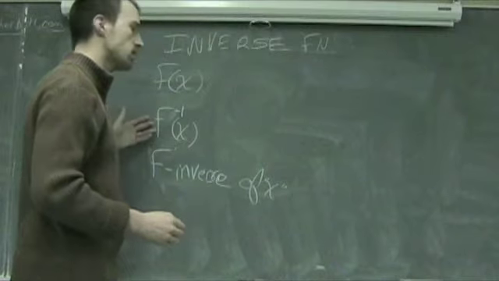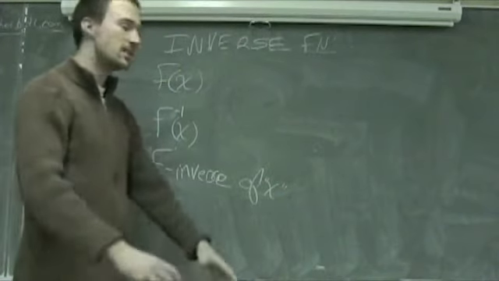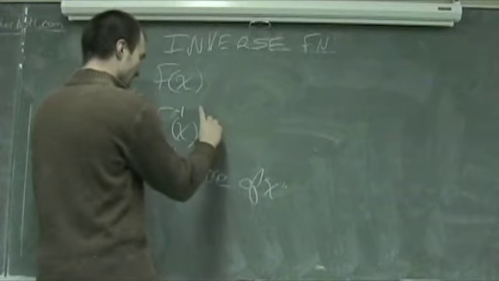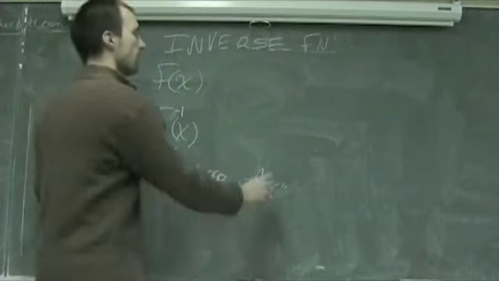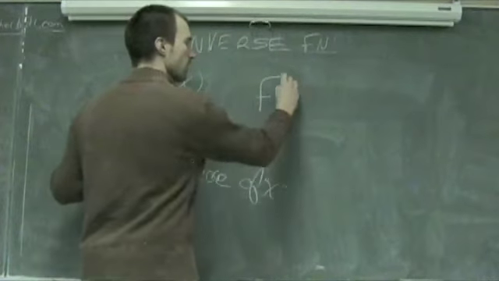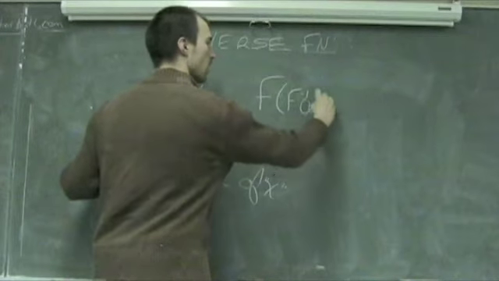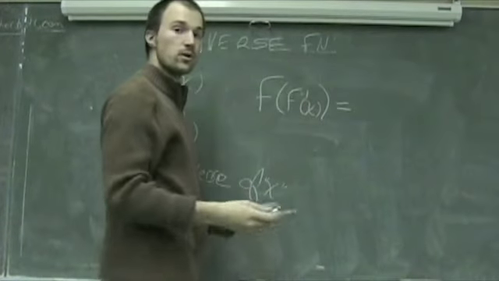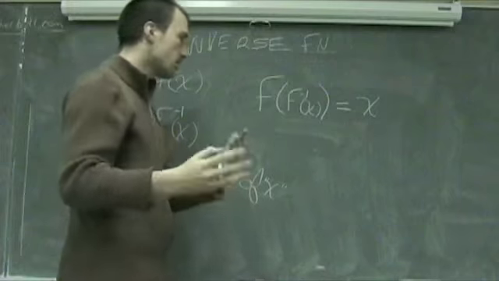And what will result here is if we take f of x, whatever function it is, and we have f of the f inverse of x, we will come out with simply x.